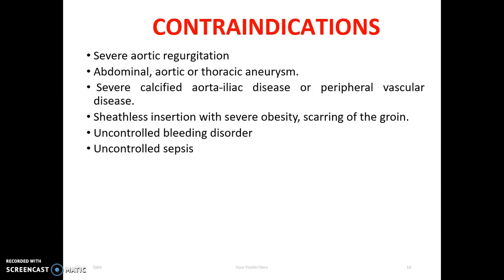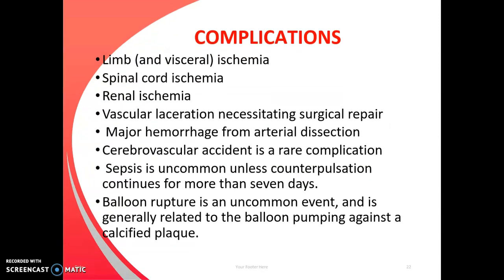Complications of the procedure may be limb and visceral ischemia, spinal cord ischemia, renal ischemia, vascular laceration necessitating surgical repair, major hemorrhage from arterial dissection, cerebrovascular accident, and sepsis, which is uncommon unless counterpulsation continues for more than 7 days. Balloon rupture is an uncommon event, and is generally related to the balloon pumping against a calcified plaque.